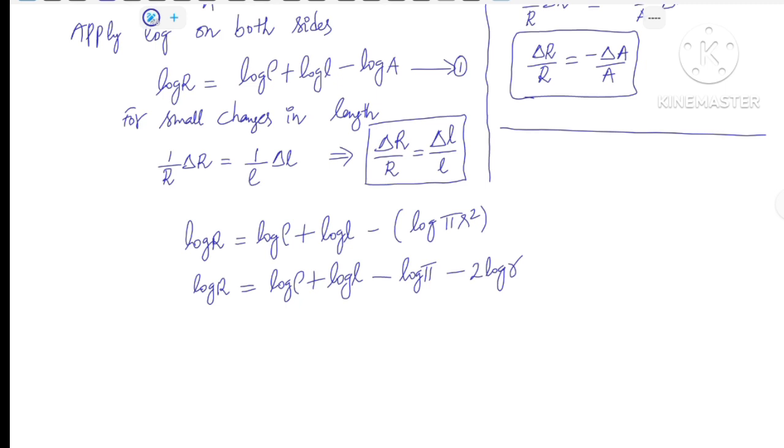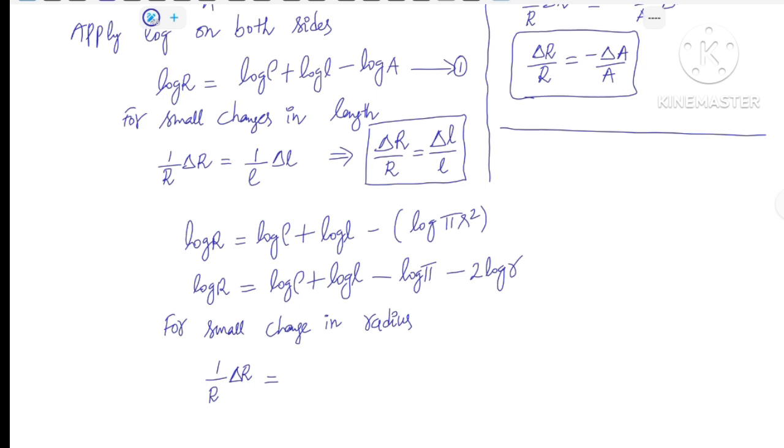Now differentiate on both sides for small changes in radius of the conductor, how the resistance will change. For log R, the differentiation is 1 by R multiplied with delta R. It is equal to the differentiation of log rho, log L, and log pi, all of which are zeros because all of them are constants.